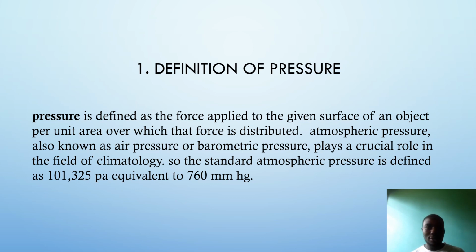Atmospheric pressure, also known as air pressure or barometric pressure, plays a crucial role in the field of climatology. The standard atmospheric pressure is defined as 101,325 Pascal, equivalent to 760 mmHg.